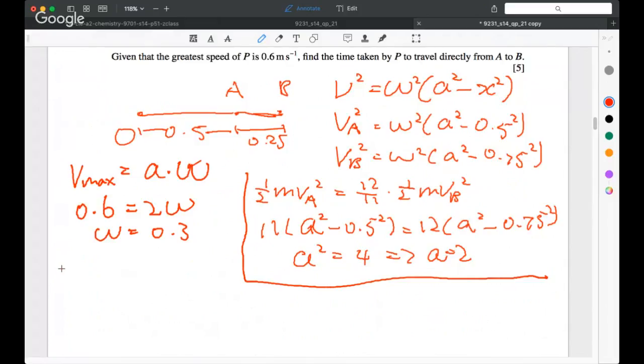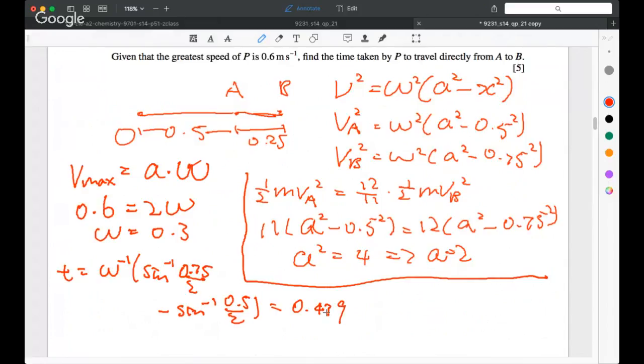So what we need to do is t is equal to 1 over omega times (inverse sine of 0.75 over 2 minus inverse sine of 0.5 over 2), and that will give you 0.439.